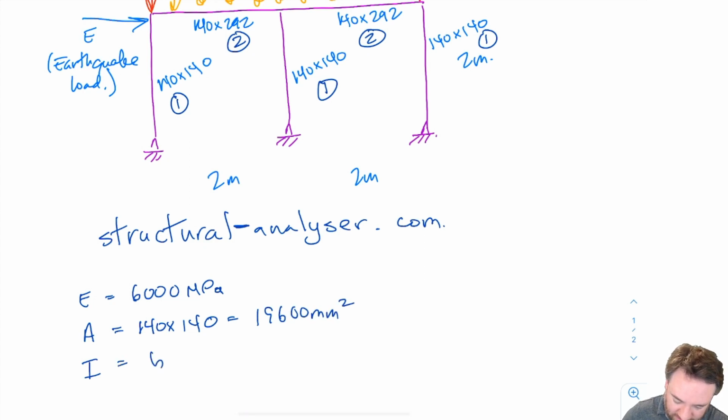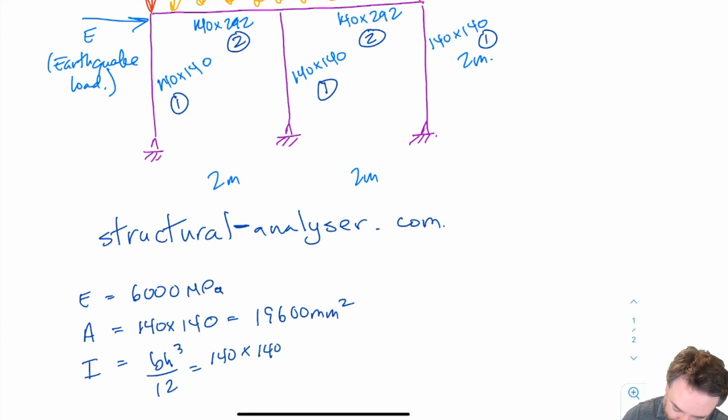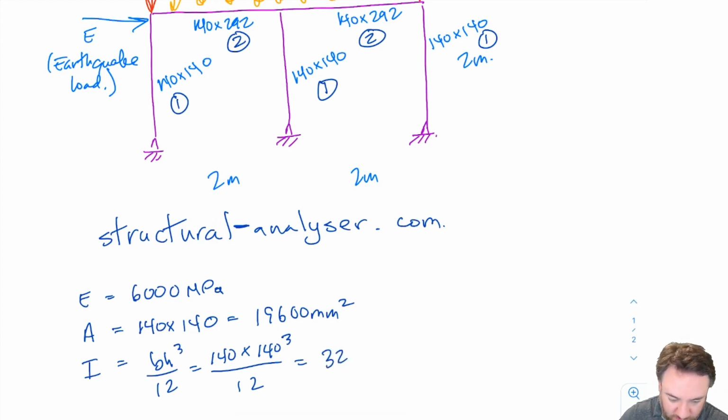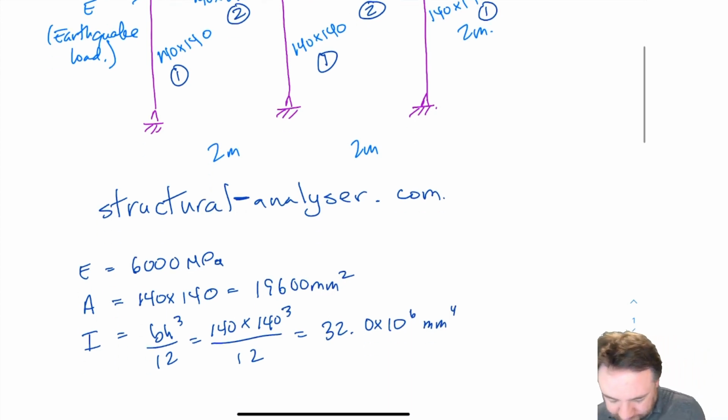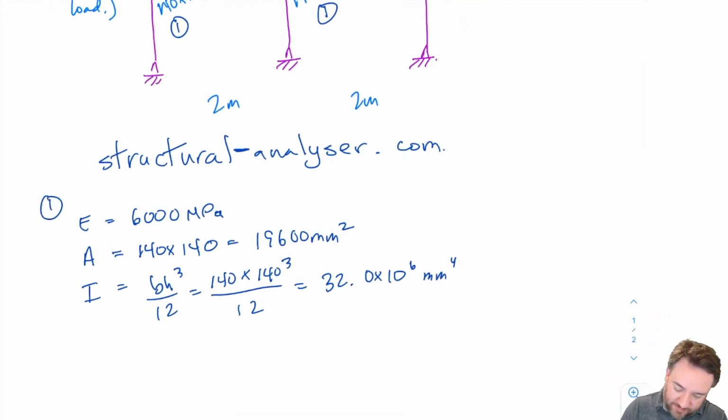And I is BH cubed over 12, which in this case is 140 times 140 cubed over 12, which is equal to 32.0 times 10 to the 6 millimeters to the 4th. Okay, so that's for 1.